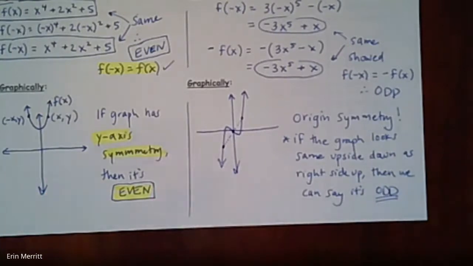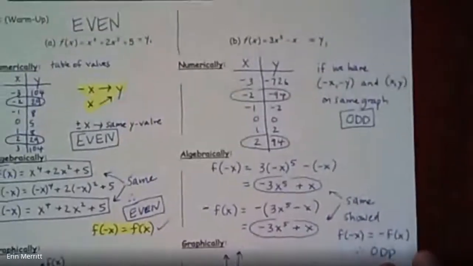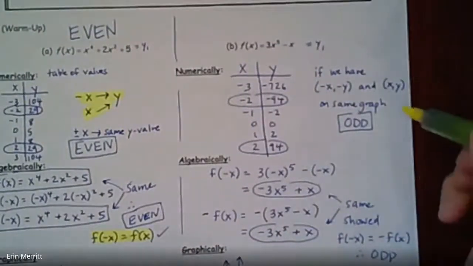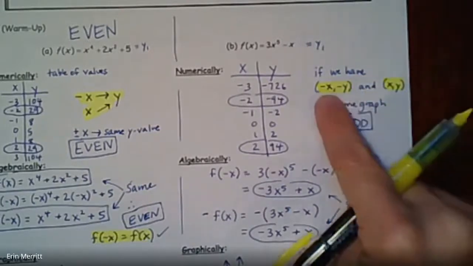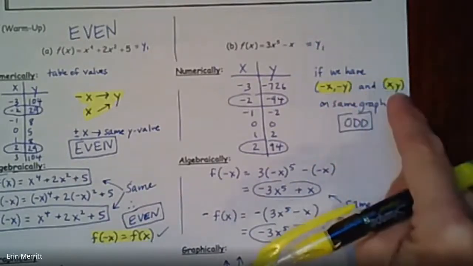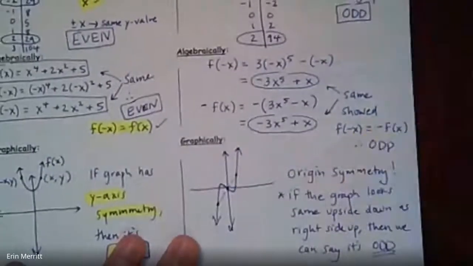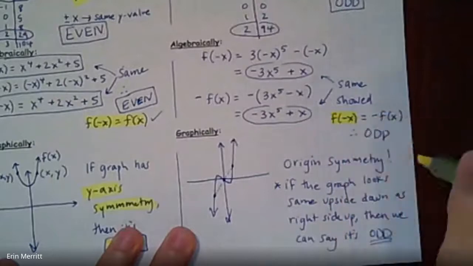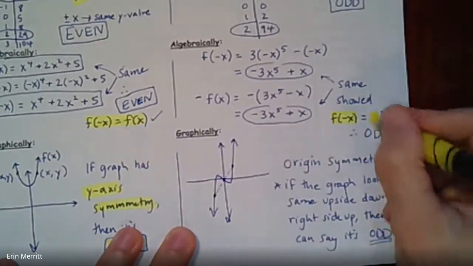So let's quickly highlight what we saw here. Going back up here, you have opposite x's, opposite y's, both on the same graph. For this next one, we're able to show that if you negate the x, it doesn't come out the same as the original. It comes out the opposite.